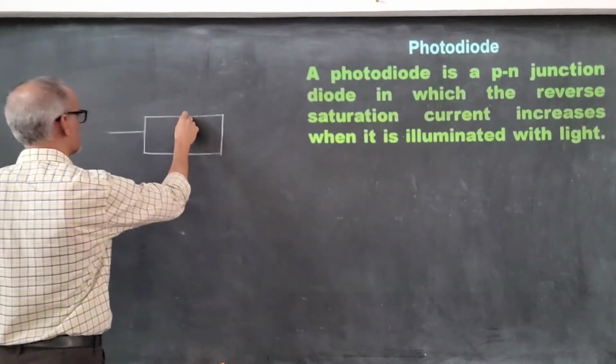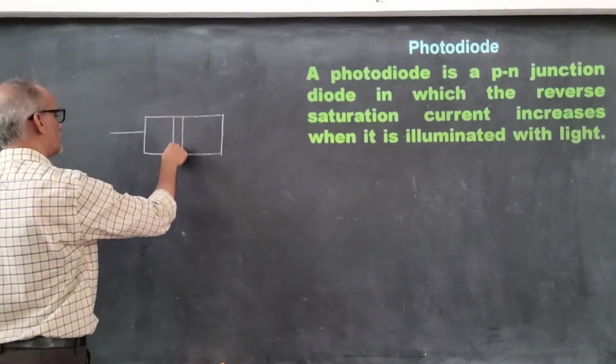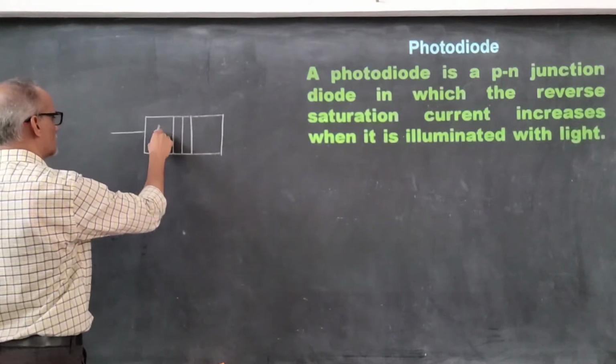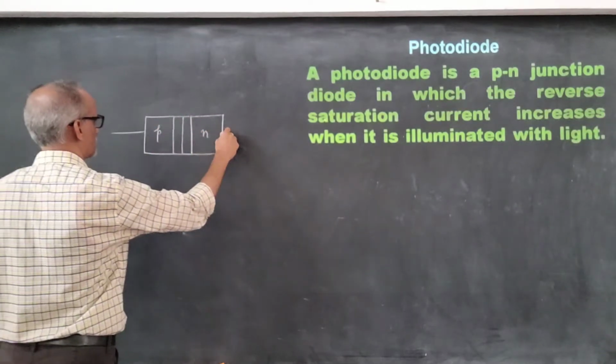So if I consider a PN junction diode, this is the depletion region, this is the P side and this is the N side.